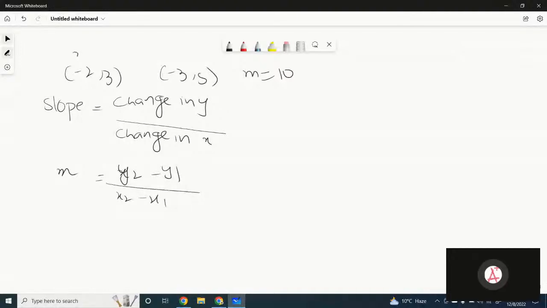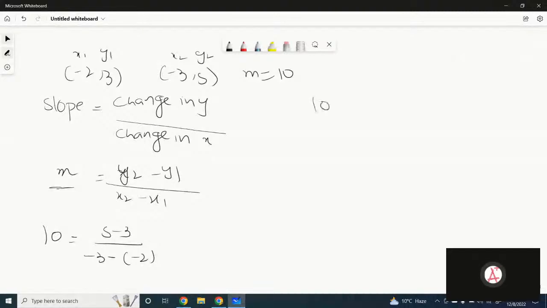So this is x1, y1, this is x2 and y2. Just replace all the values. M is 10, y2 is s minus 3 and x2 is negative 2. Got it? Just solve this.